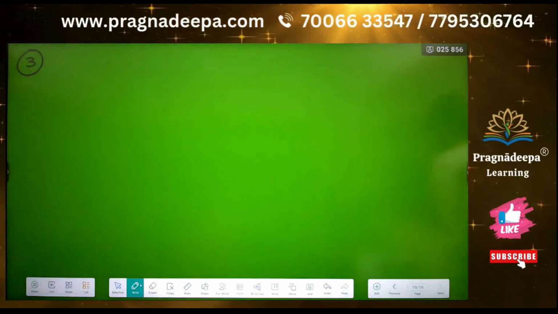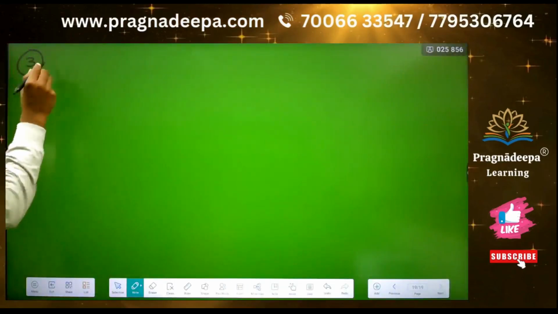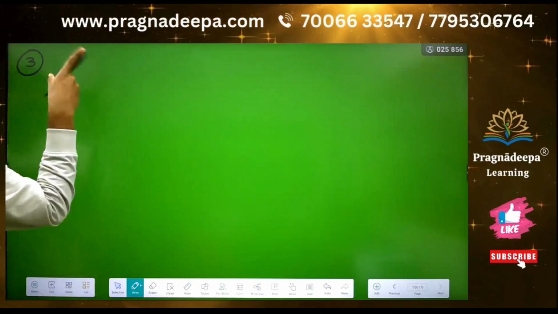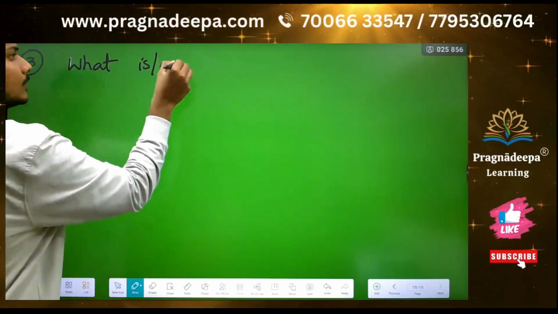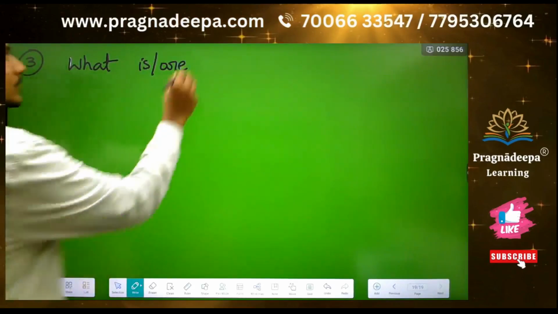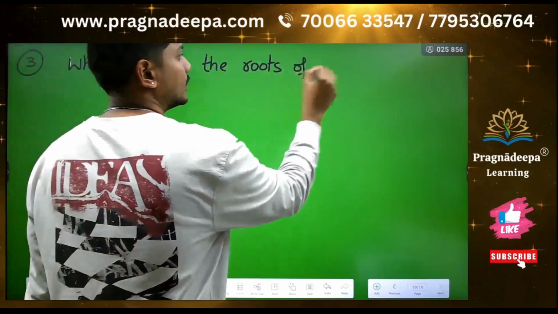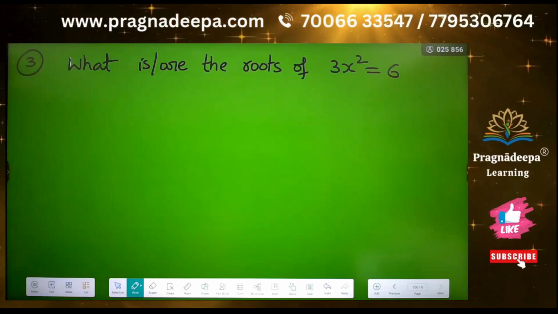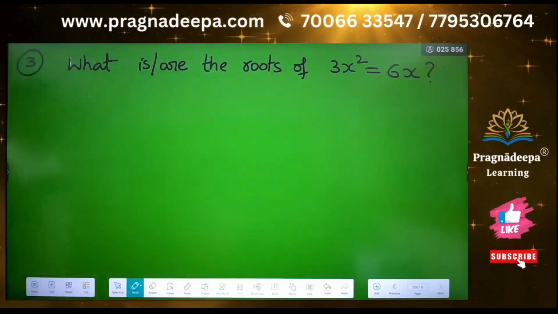Yes, sir. Okay. What is or are the roots of 3x square is equal to 6x? So the question is, what are the roots of 3x square is equal to 6x?